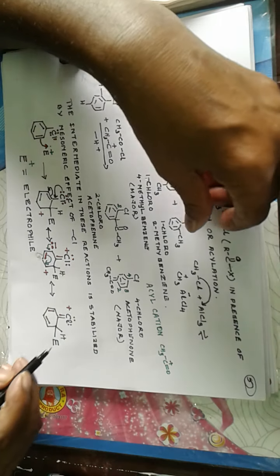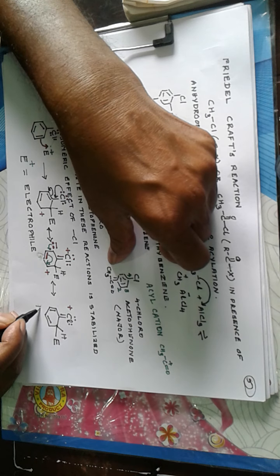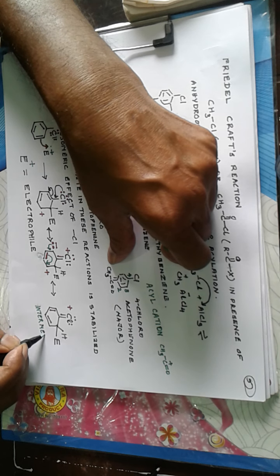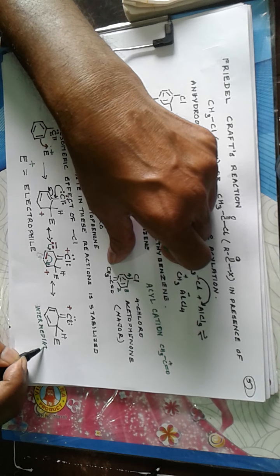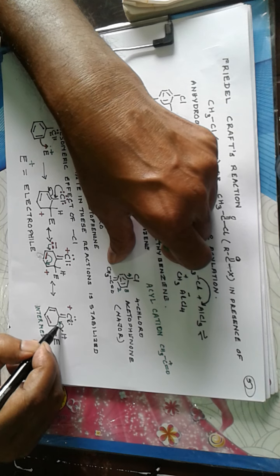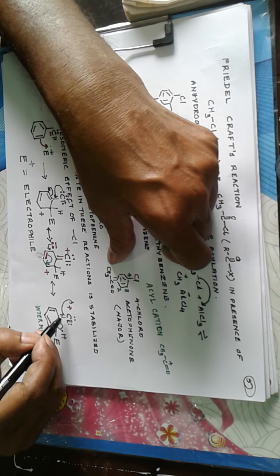Cl. Now then this ion can come back to the benzenoid structure. This is unstable, this is an intermediate. Now this intermediate will remove H as H positive, and then the bond between Cl and C is shifting over Cl.